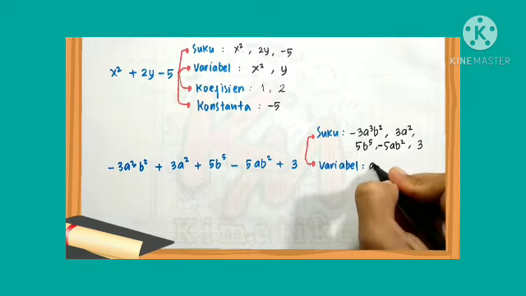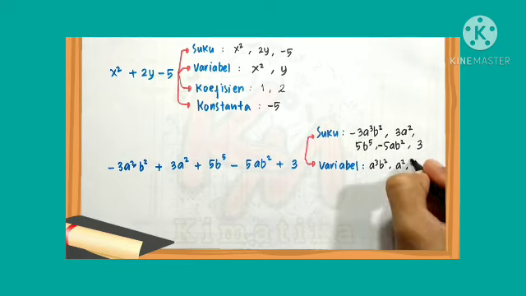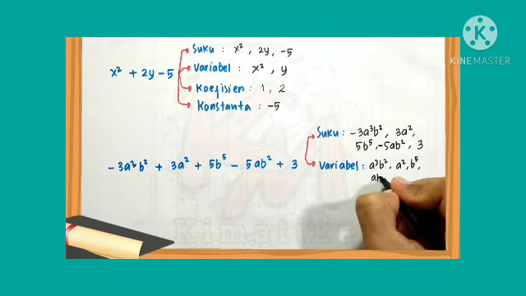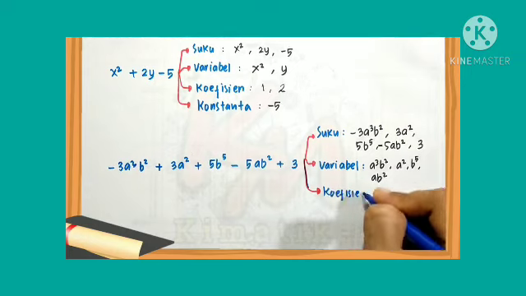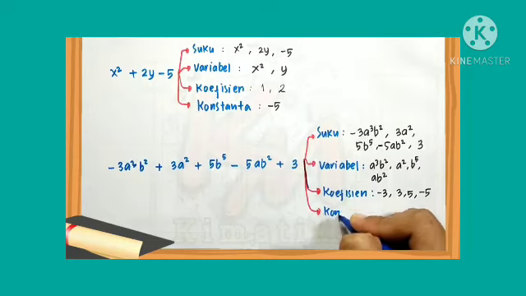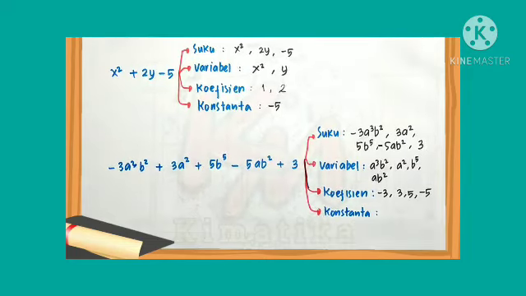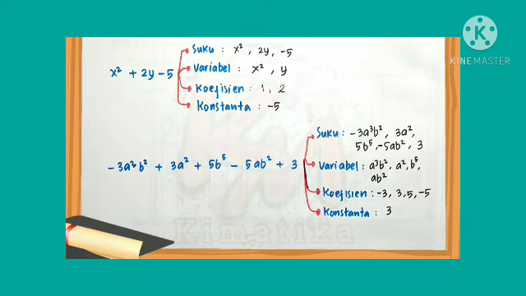The variables are a power 3 b power 2, a power 2, b power 5, and ab power 2. The coefficients are minus 3, 3, 5, and minus 5, and the constant is positive 3.